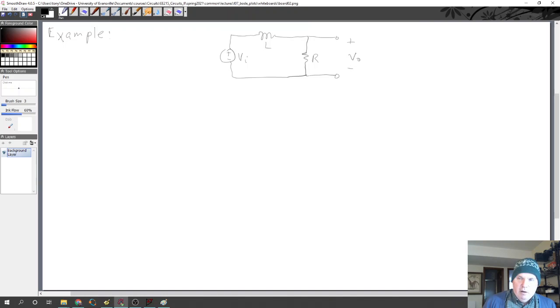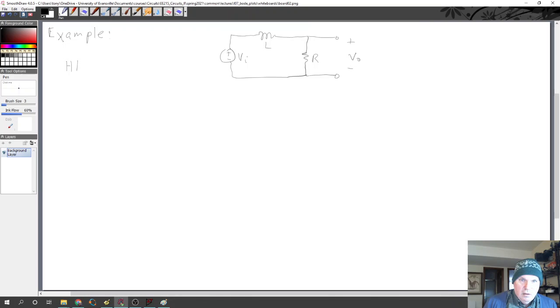And so the output voltage would go to zero. So this is another example of what we would call a low-pass filter. We looked at an RC circuit in the past where we took the output voltage across the capacitor and also had a low-pass filter. So here's an RL example of a low-pass filter.